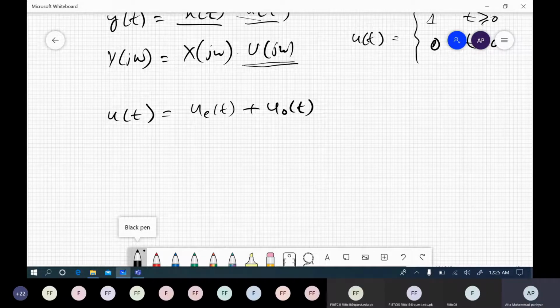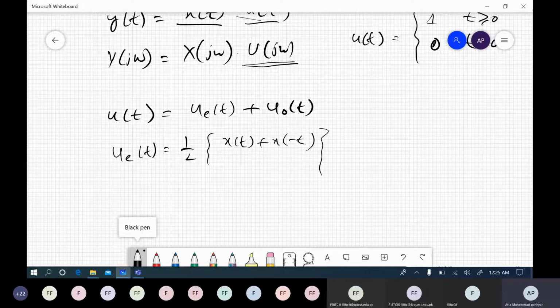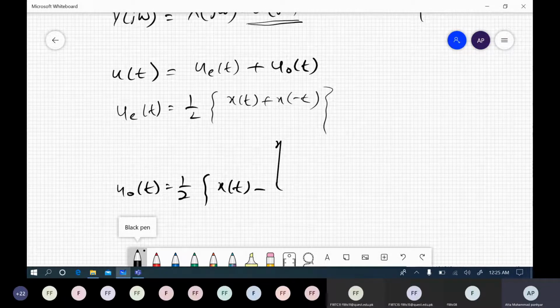So the formula for the even part is 1 over 2 times x of t plus x of minus t, and the formula for computing the odd part is 1 over 2 times x of t minus x of minus t, right?